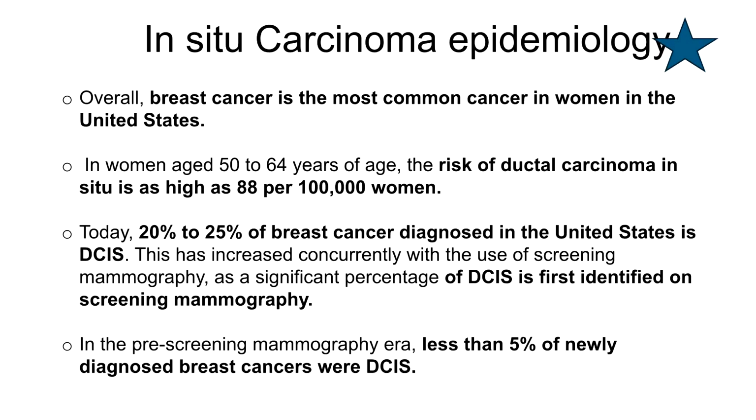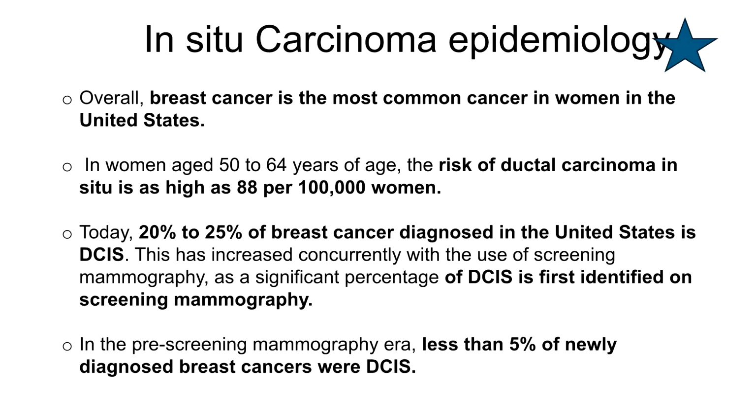In situ carcinoma epidemiology. Overall, breast cancer is the most common cancer in women in the United States. When a woman is between 50 and 64 years of age, the risk of ductal carcinoma in situ is very high, 88 per 100,000 women. That is very high.